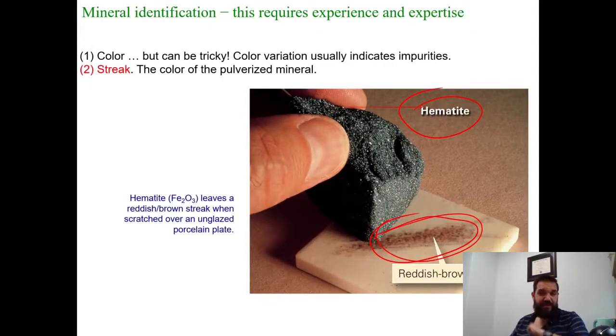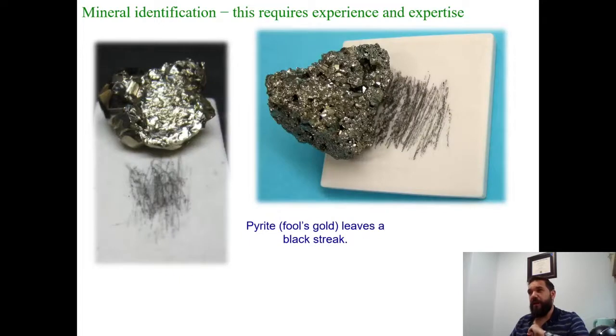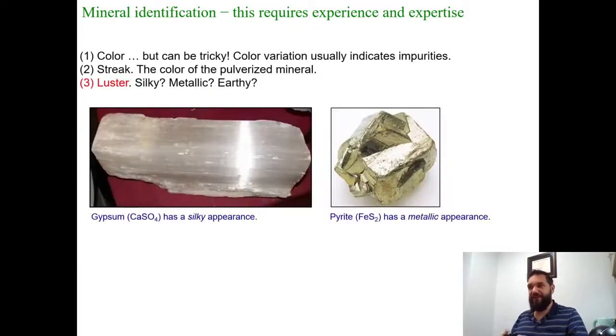So you can see how streak is a little bit more helpful. Mineral identification takes time to learn all these things, but pyrite, for instance, has this beautiful brassy color. I showed you pictures of pyrite, right? Not only pictures, I showed you in the demo some pyrite, but pyrite has a black streak, even though it's that brassy yellow color.